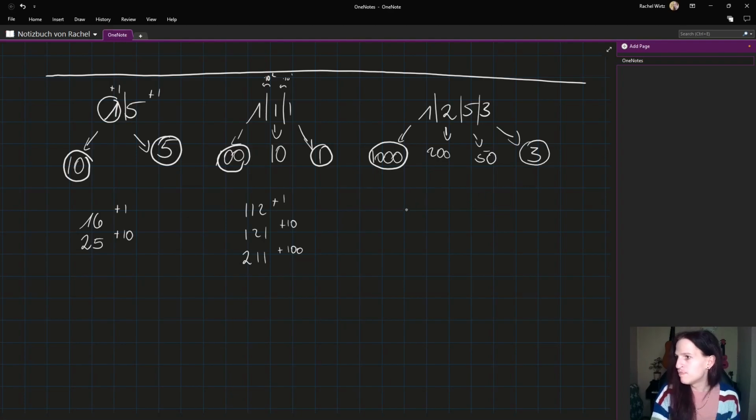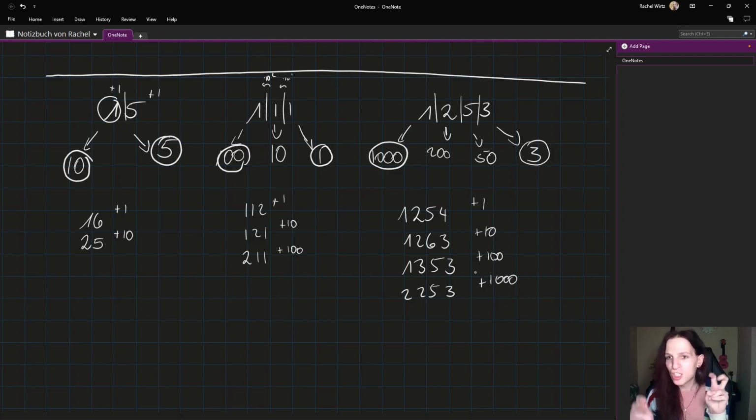And here the same again: plus 1, plus 10, plus 100, and plus 1000. So not only is the largest one in the front, it's also the one that affects the number the most when we change it.